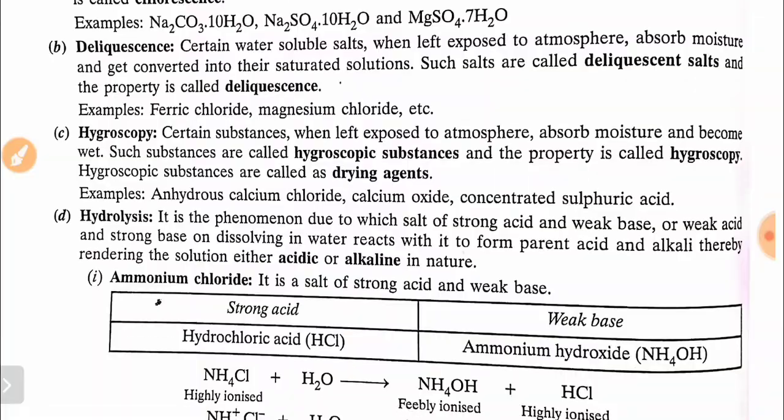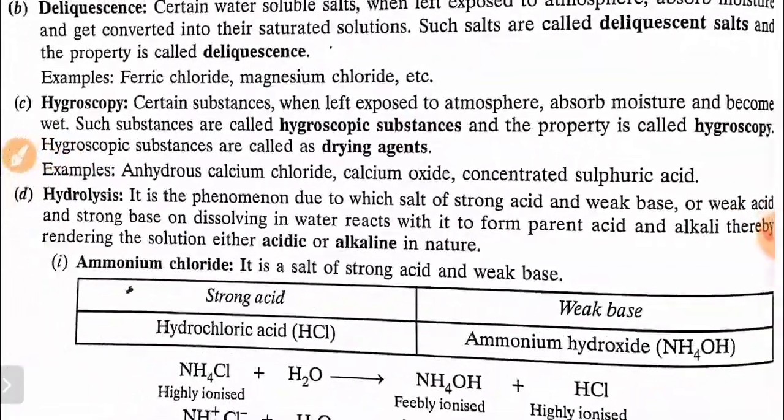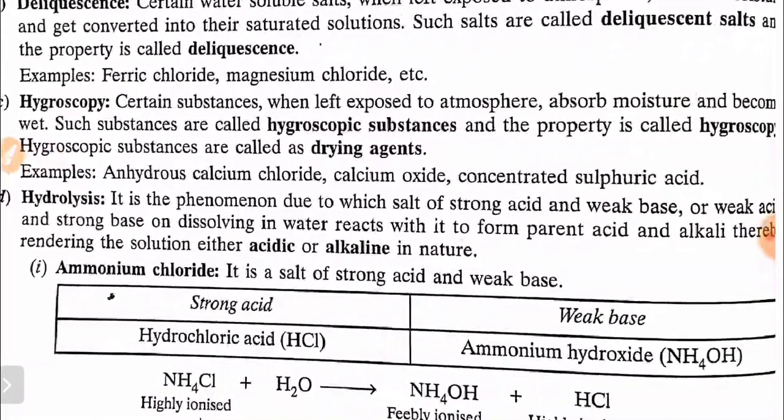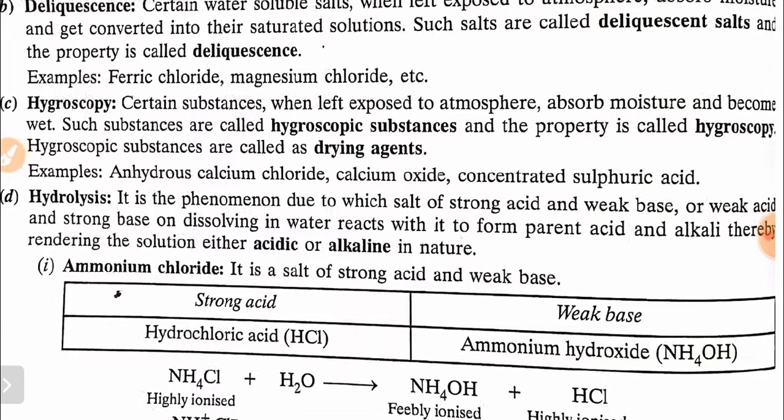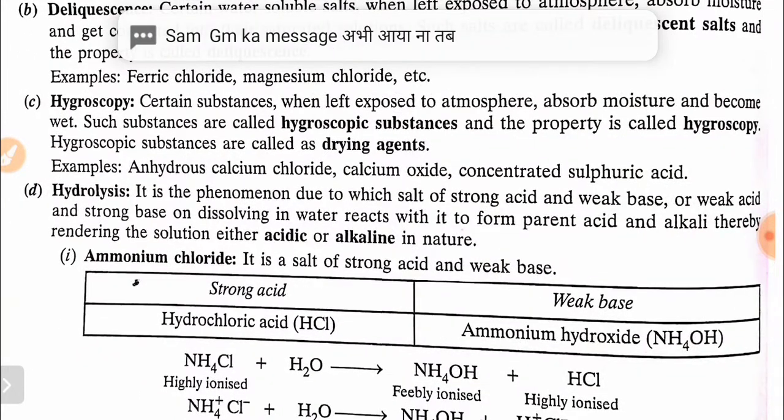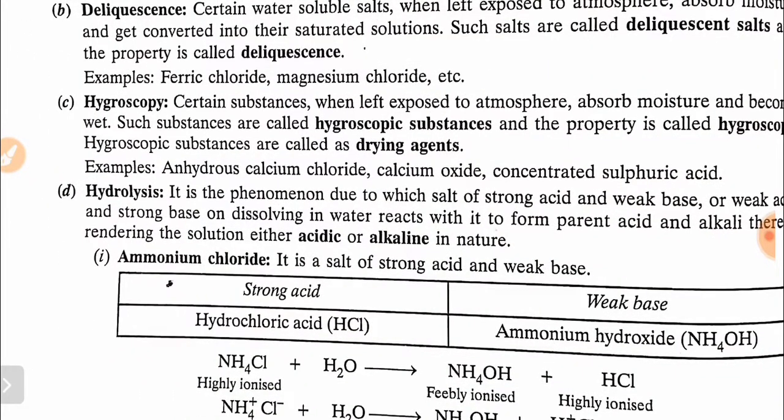Next property of salts is hygroscopy. What is hygroscopy? Certain substances, when left exposed to the atmosphere, absorb moisture and become wet. Such substances are called hygroscopic substances and the property is called hygroscopy. Hygroscopic substances are also known as drying agents.